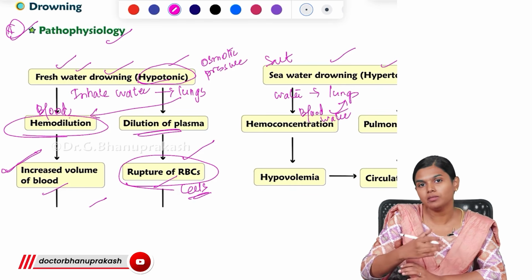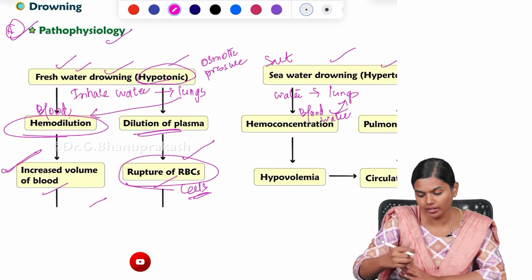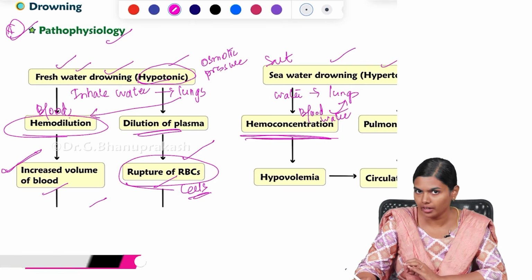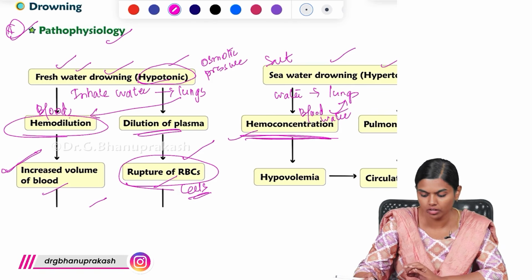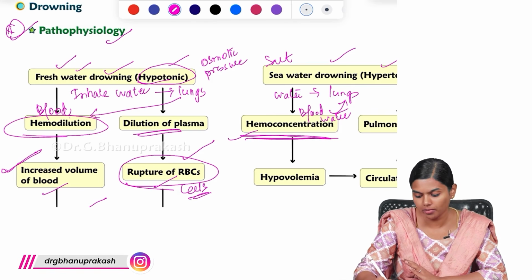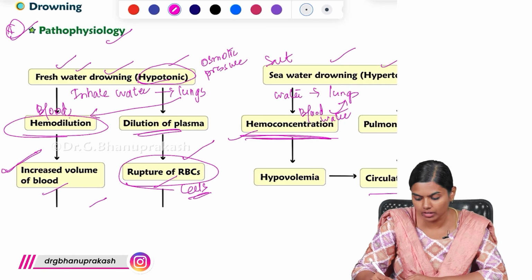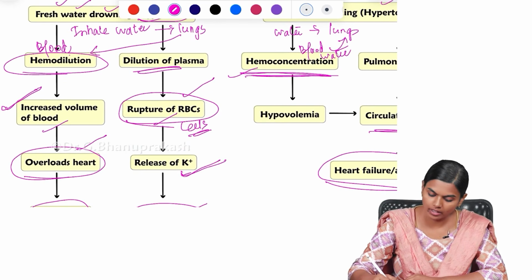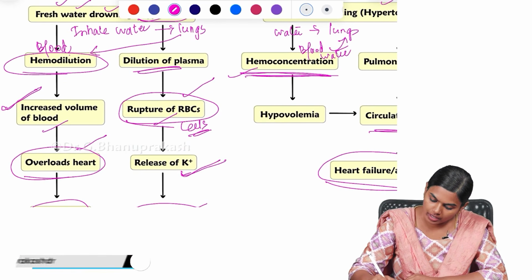What will happen? It will result in hemoconcentration. The water content of the blood will reduce. So, you will have hemoconcentration, and in the lungs, you will have pulmonary edema. This pulmonary edema will result in shock and heart failure.